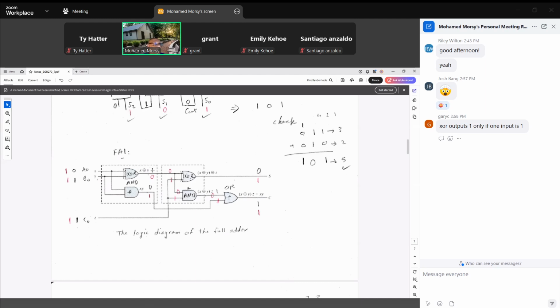This black one here came from the two inputs 0 and 1. So we have 1 and 1, which gives output 0. So the sum is 0. And at the same time, this black one is applied to the AND gate, and we have another one from the carry in. So the output will be 1.